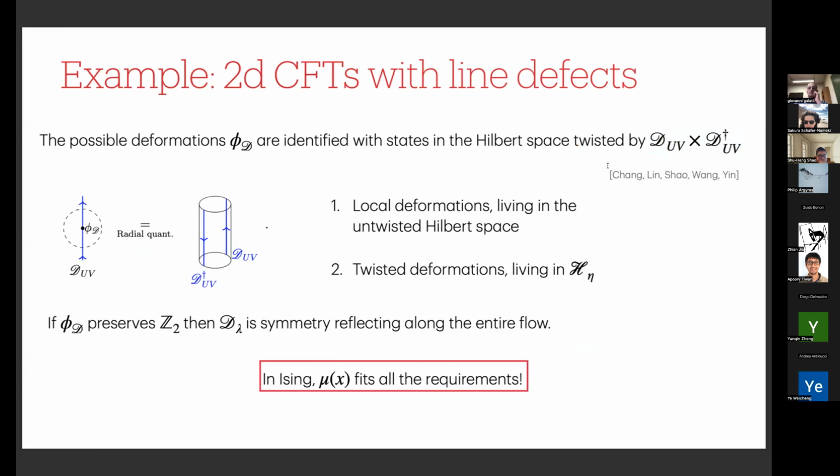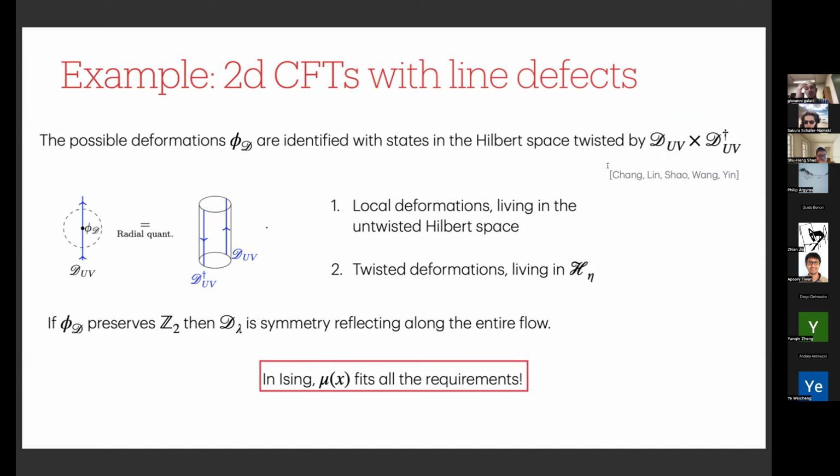So there are two kinds of deformation. Since D times D dagger is again 1 plus eta up to normalizations, then we have two different deformations. One is local deformations. What I mean by local is operators which are genuine local operators of the bulk theory.